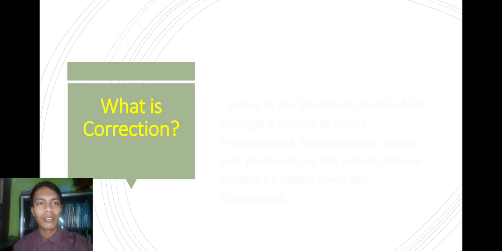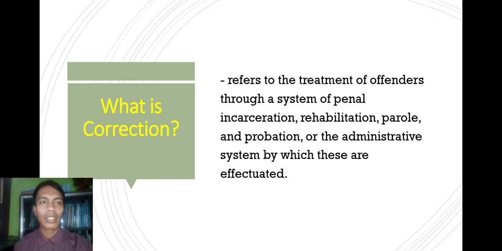So correction refers to the treatment of offenders through a system of penal incarceration, rehabilitation, parole, and probation, or the administrative system by which these are effectuated.